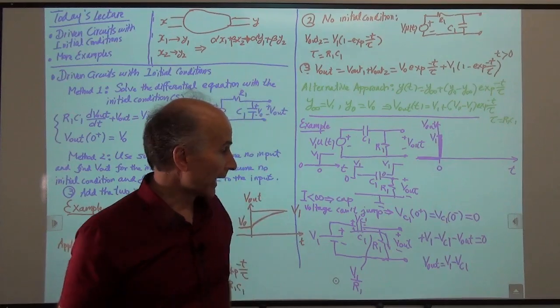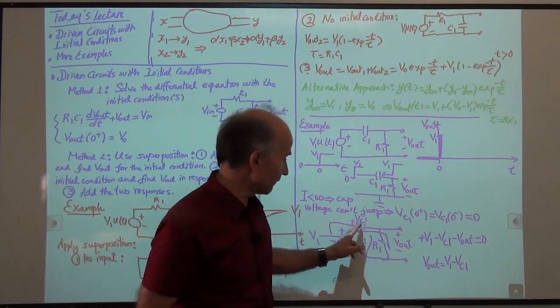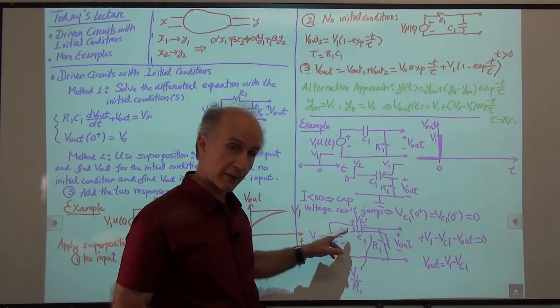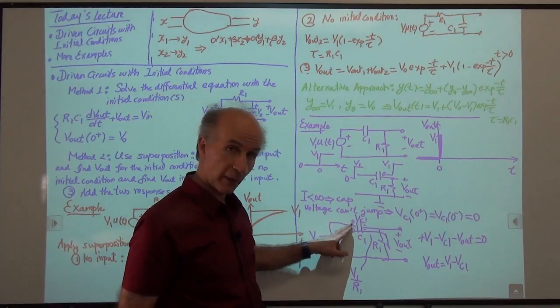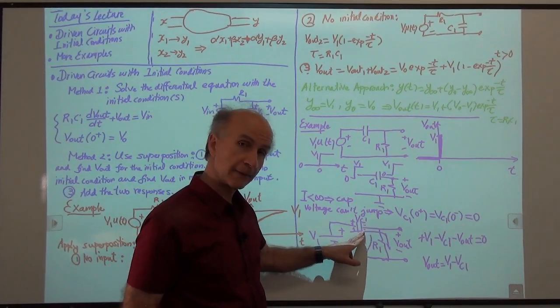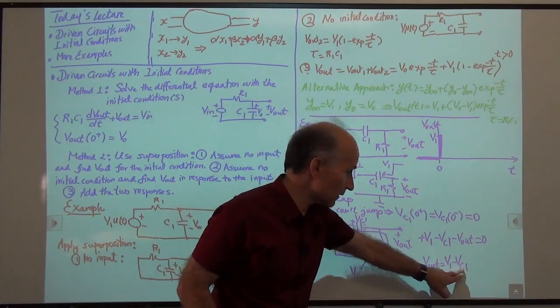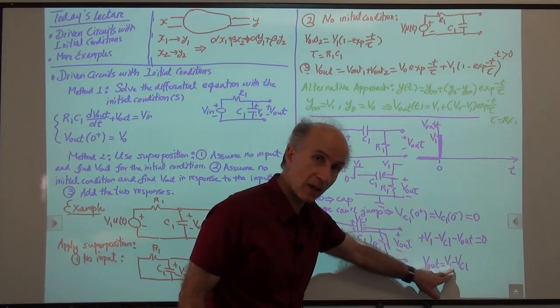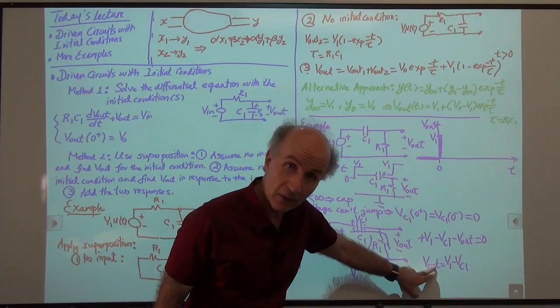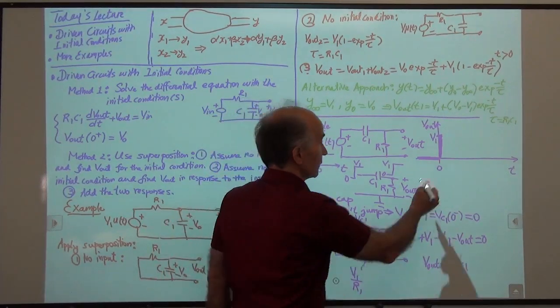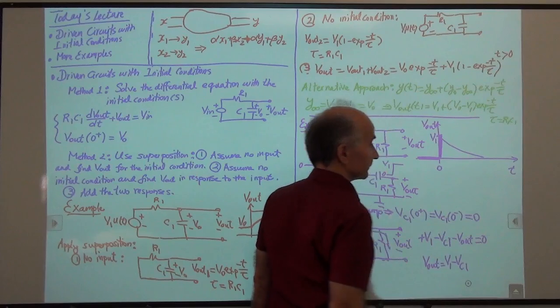And VC1 itself, this voltage is increasing with time because the current places more positive charge here and more negative charge here. So if VC1 increases with time and V1 is constant, V out has to decrease with time. So V out will decrease like this.